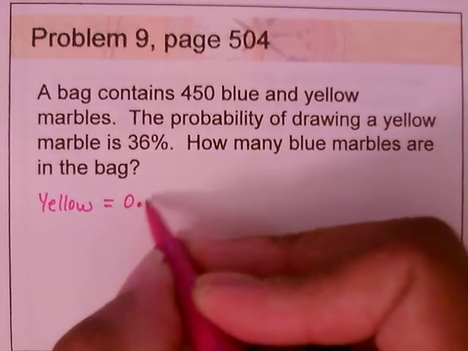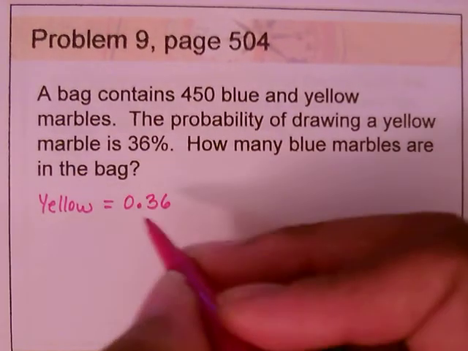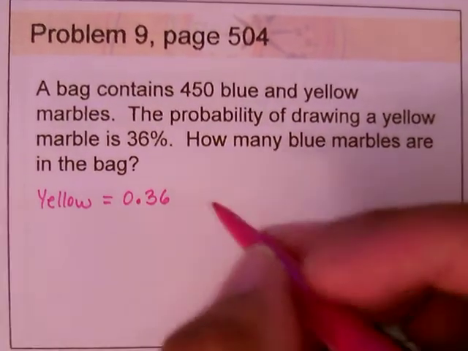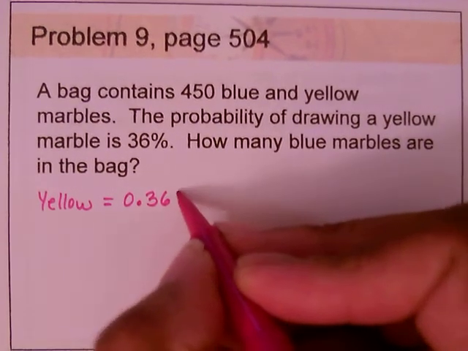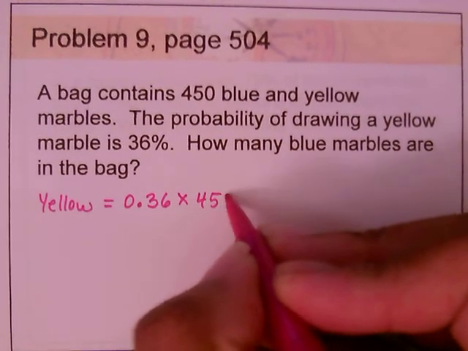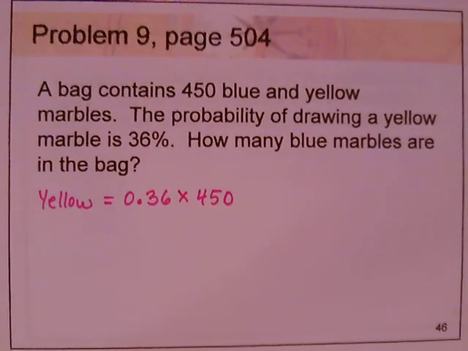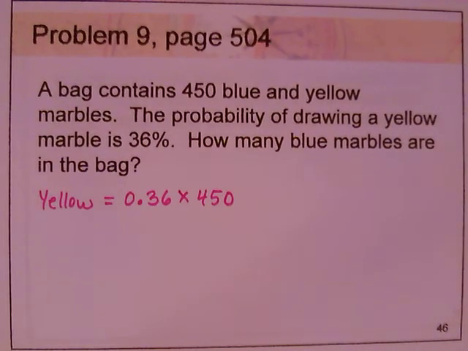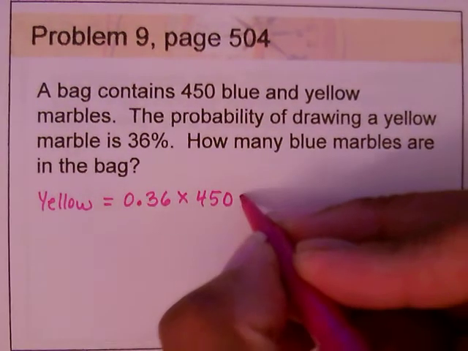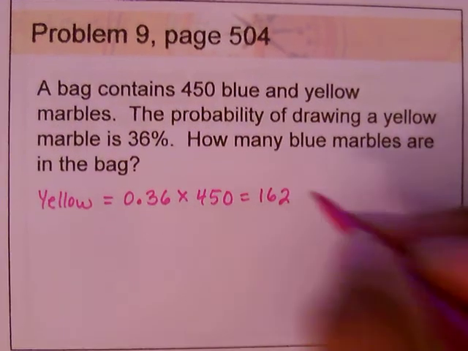You take 36 divided by 100, you'll change that to a decimal. And that's going to be multiplied by the number of blue and yellow marbles in that bag, 450. So 0.36 times 450. That would be 162. So we know that there are 162 yellow marbles in the bag.